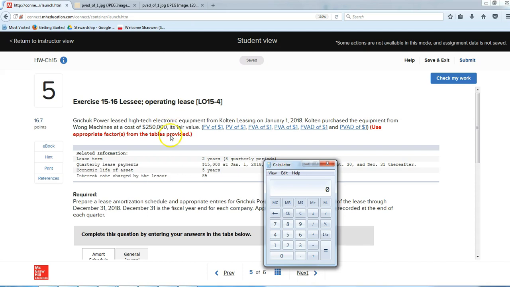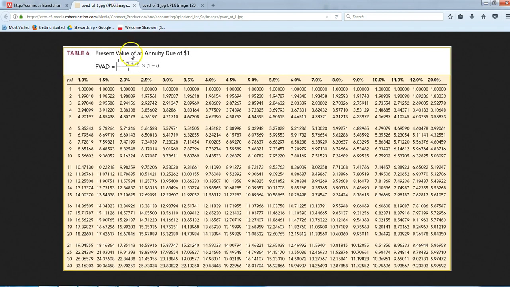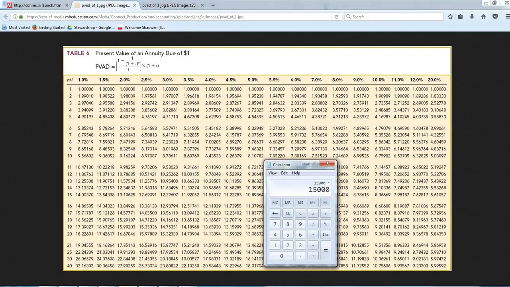Okay. The lessee's schedule will be based on the present value of all these $15,000 payments. As I said, the discounting factor at 2% for 8 periods is, nope, sorry, it should be 7.8 periods, 47199.